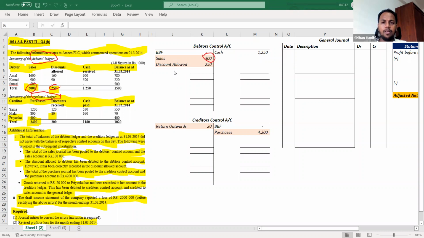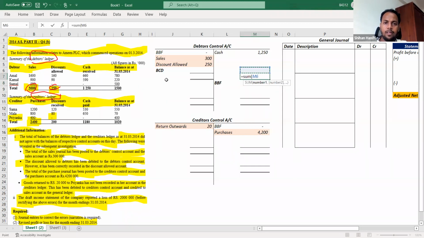Cash received means cash account debit, debtors account credit. Cash account only debit, not the debtors account. Okay. Now the balance comes from the credit side. This is what is in your general ledger before correcting the error.